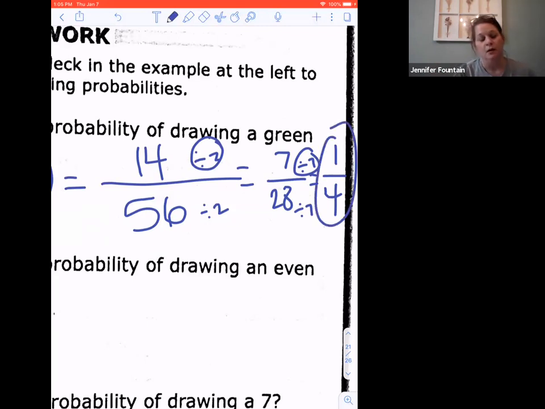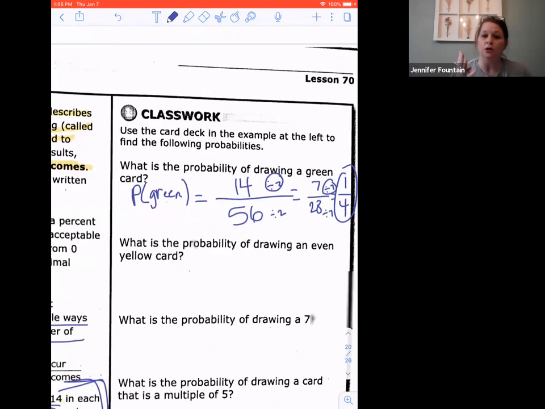Okay? So we have a 1 in 4 chance of pulling a green card, or we have a probability of 1/4. Again, if I wanted to express that as a percent, that would be 25% chance. So all these different things that we can look at.